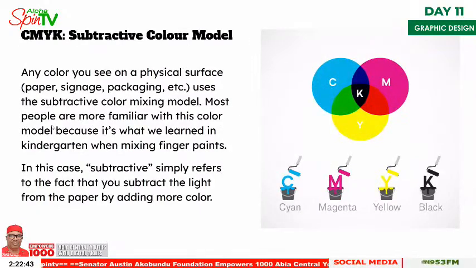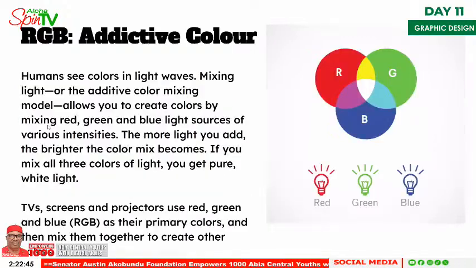Are we together? In this color model, RGB gives you, look at this. You see that RGB is a primary color. But if you look closely, this thing looks like cyan, magenta, yellow. That's why we say this one is the additive color, that one is the subtractive color.